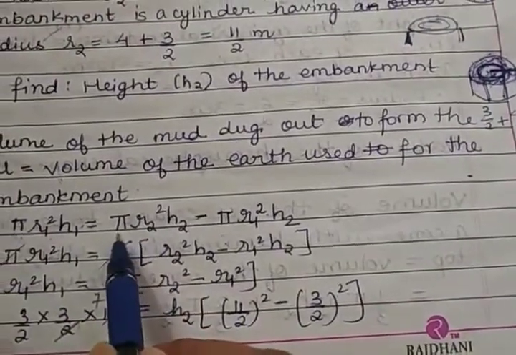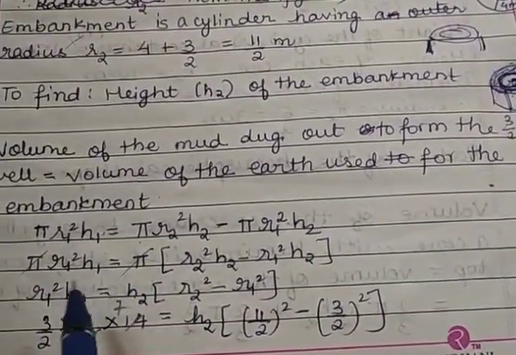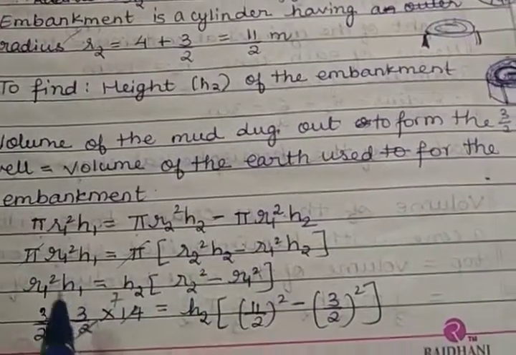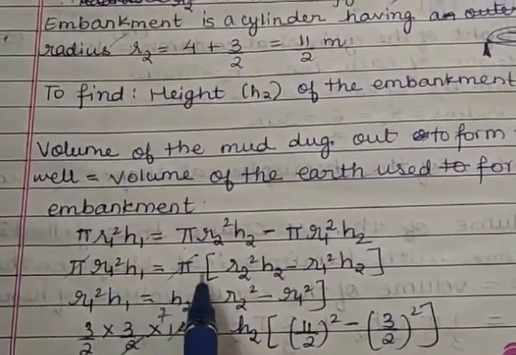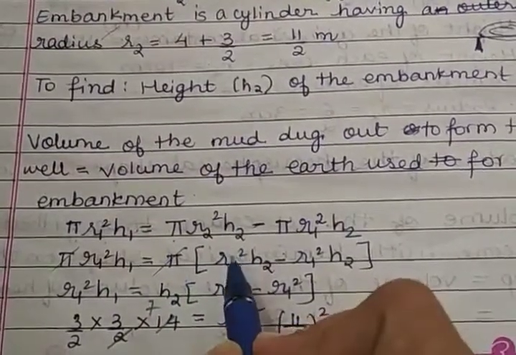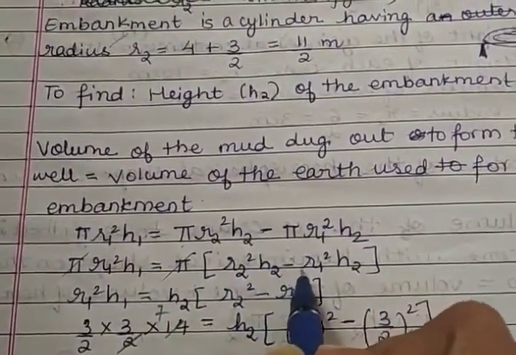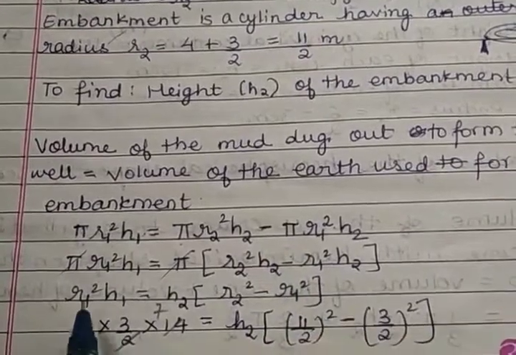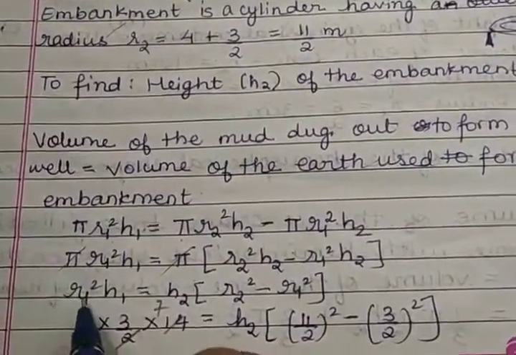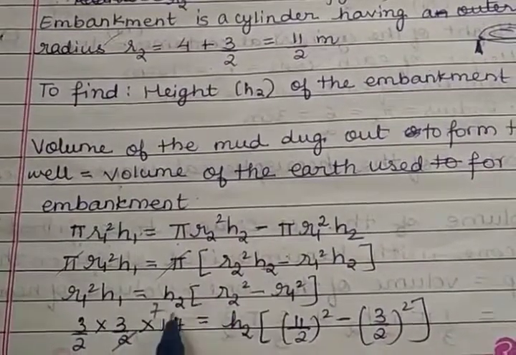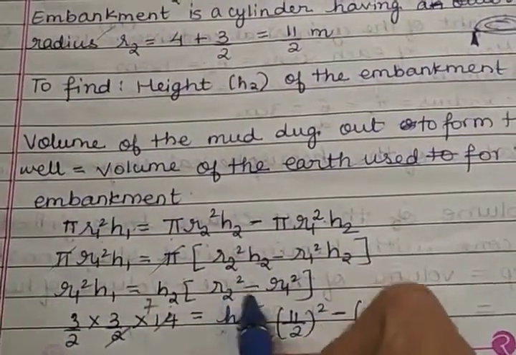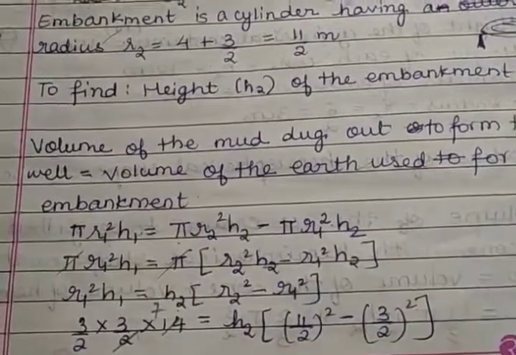From here we can take pi common and also H2 common. So we get pi R1 square H1 is equal to pi times R2 square H2 minus R1 square H2. Pi and pi cancel. So R1 square H1 is equal to H2 times R2 square minus R1 square.